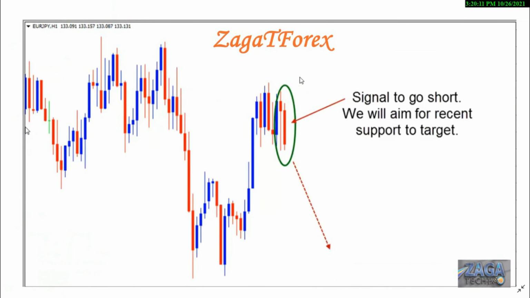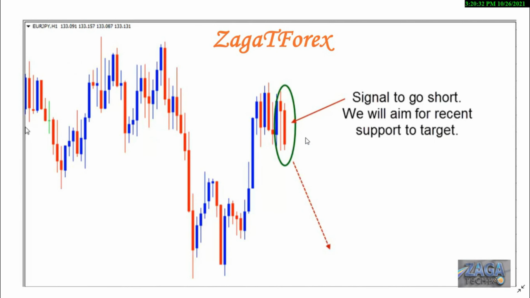Alright, this is a chart of a sell signal. Support and resistance can be used as a target, guys, as well as stop loss. Now we are looking at this chart. This is Euro JPY.